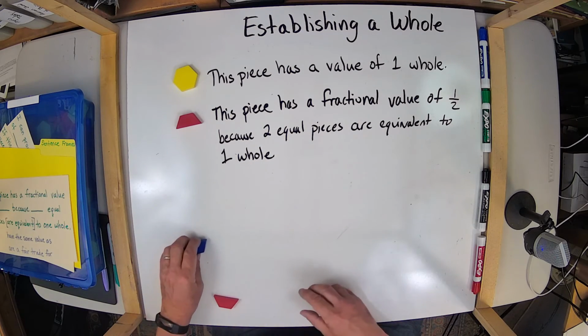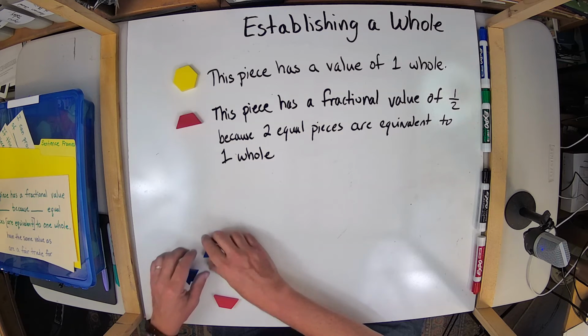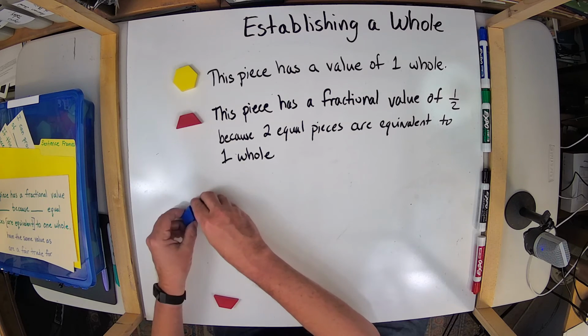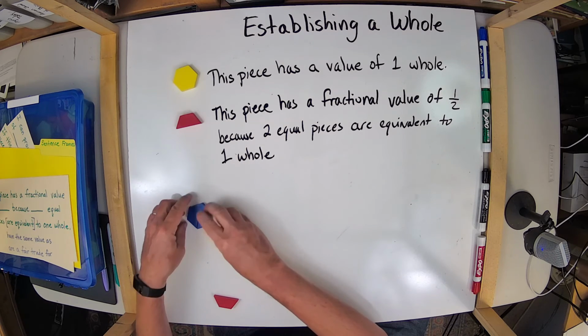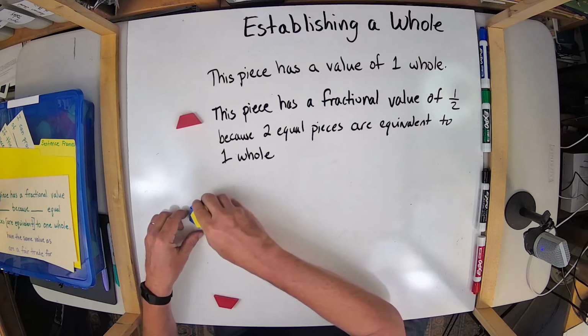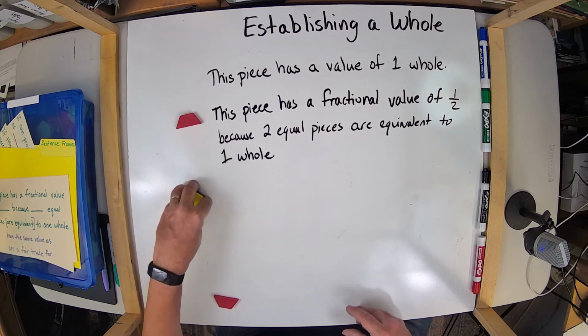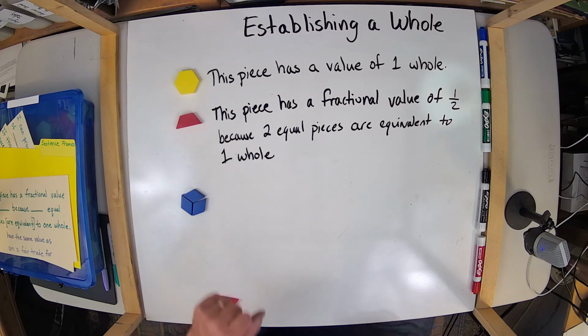Okay. So then I might say something like this piece has a fractional value of 1/3. And the reason is because three equal pieces are a fair trade for one whole. All right. That's how you establish a whole.